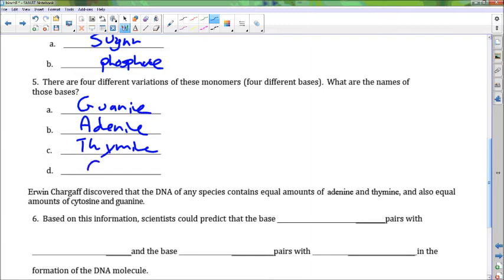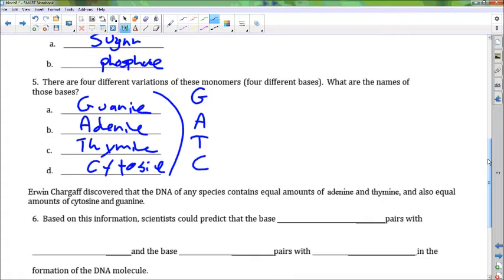Cytosine. You need to know those names, but pretty much from now on, we can just refer to these as G, A, T, and C. So I do want you to know the names, but we abbreviate those all the time, so there's nothing wrong with doing that in your worksheets and stuff.